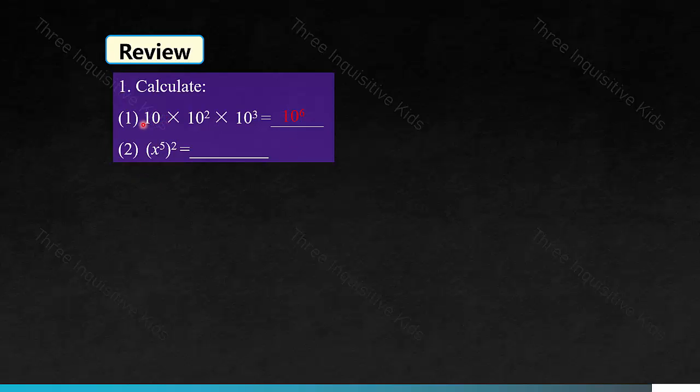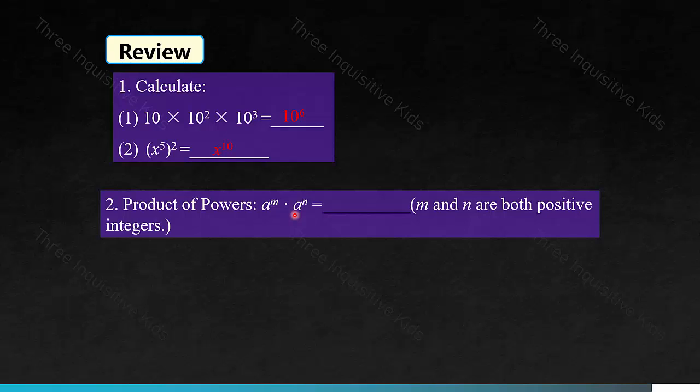Remember, over here, you might not see any exponent on the first 10, but actually it's a 1. So 1 plus 2 plus 3 equals 6. And then this is x to the 10th power because you multiply the 5 and the 2 together to make 10.